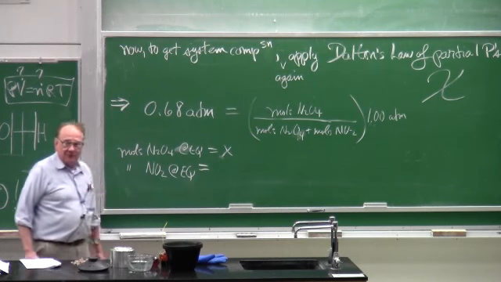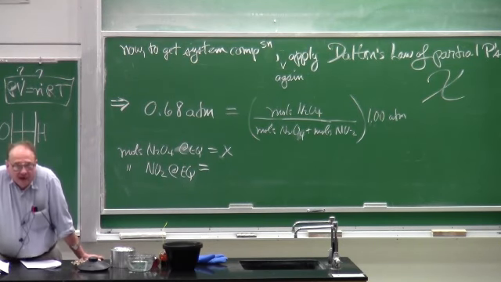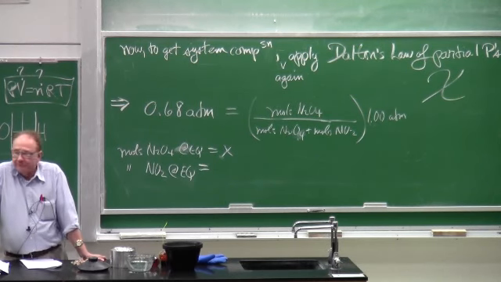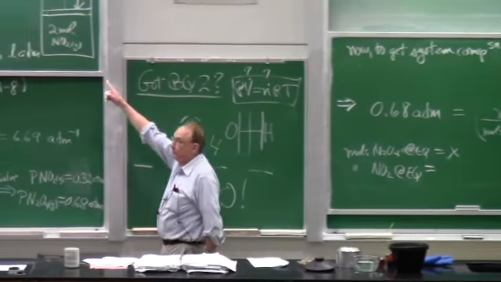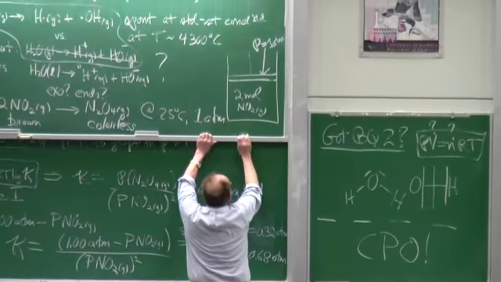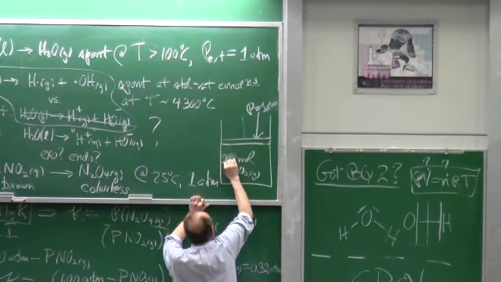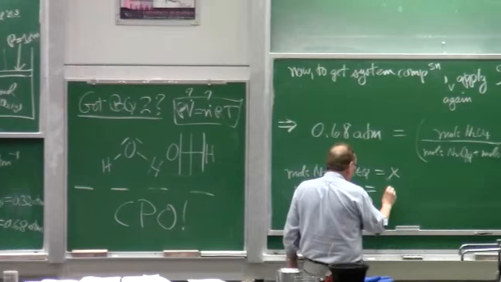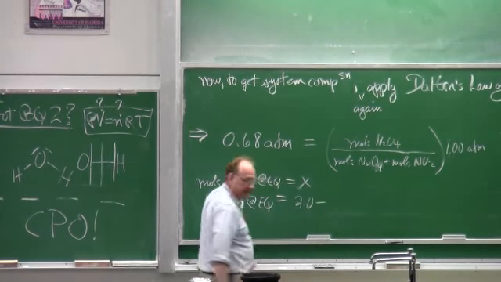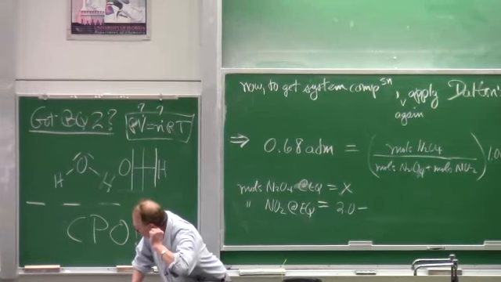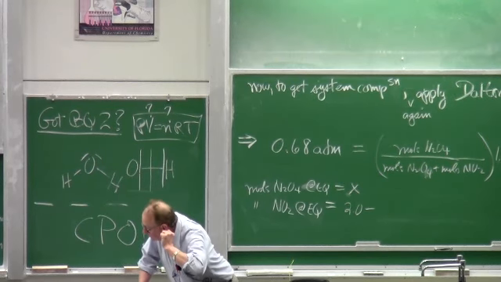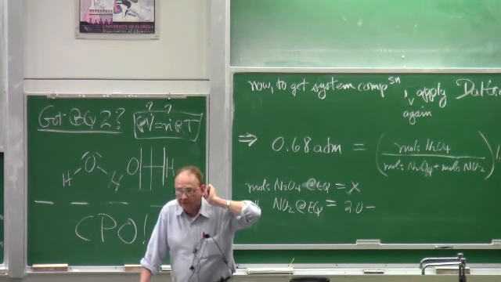If this represents moles of N2O4 at equilibrium, then what is the algebraic representative for moles of NO2 at equilibrium for this system? 2.0 minus, I'm listening, x or 2x, or 3x, or the square root of 2x, or 2x factorial.